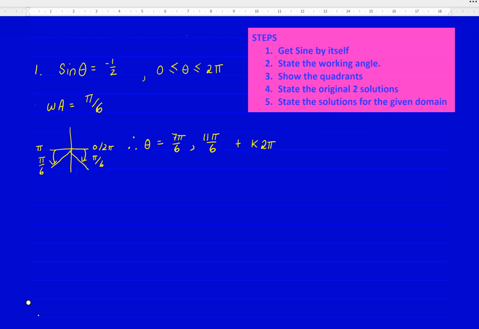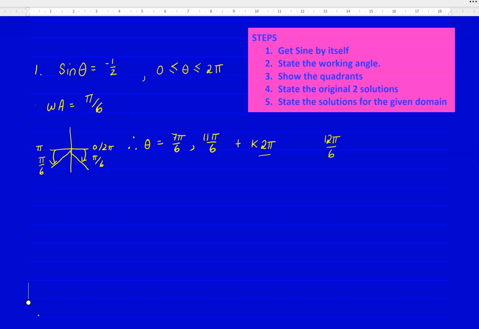So if I didn't have my domain, this is how I would leave my solution, right? But we do have a domain, and we know that this is just going to be one lap of the circle or one wavelength. If we didn't know that, you're adding 2 pi. So with sixths, we've already discussed this, that would be 12 pi over 6.